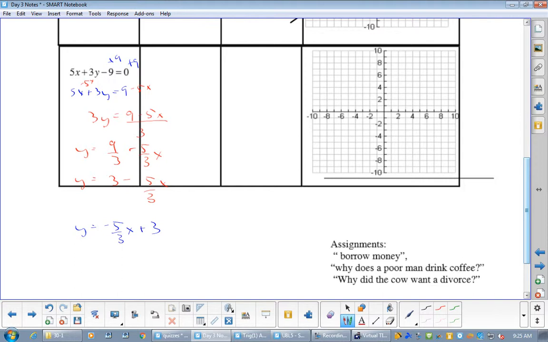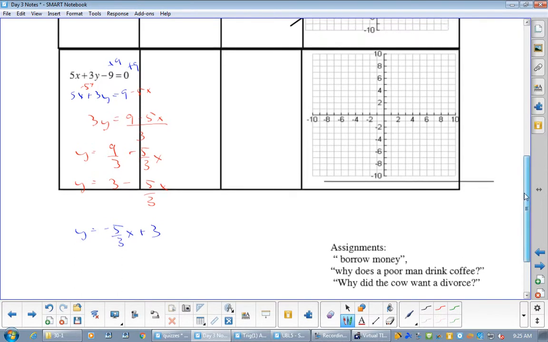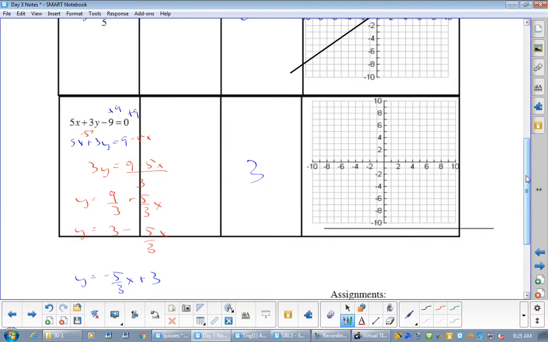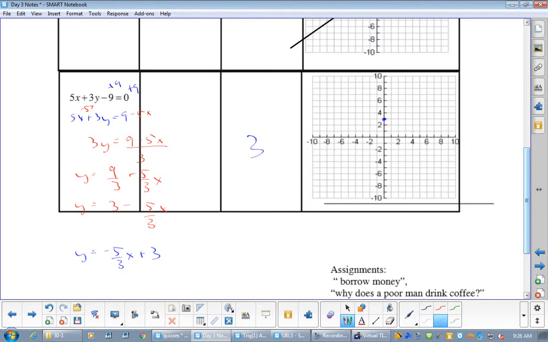Now, y-intercept is 3. And then where am I going? Down 5, 1, 2, 3, 4, 5. And right 3, 1, 2, 3. Then we get our handy dandy ruler out and draw a line.